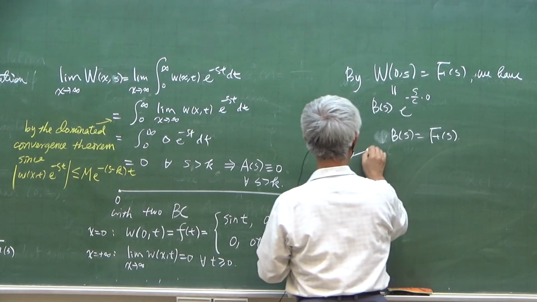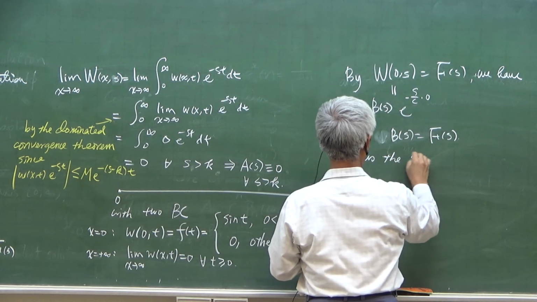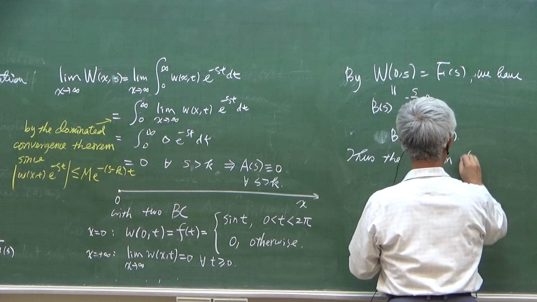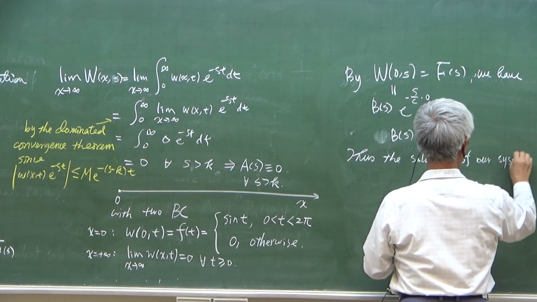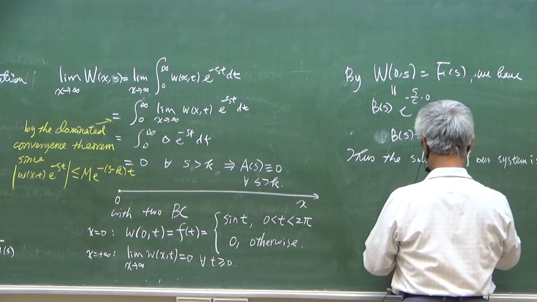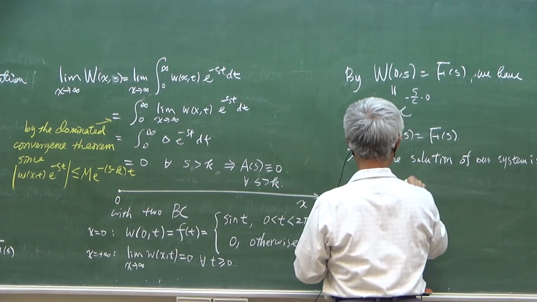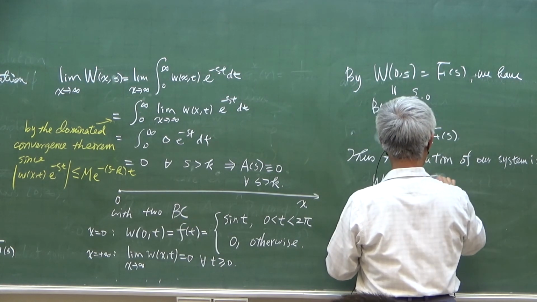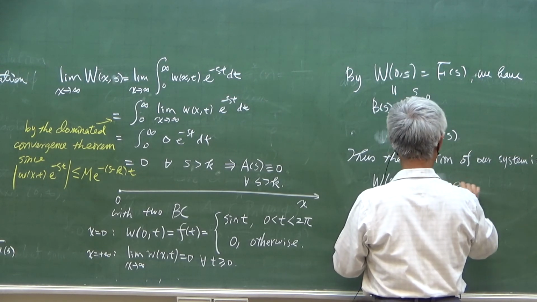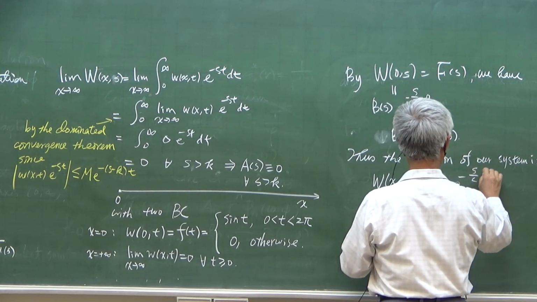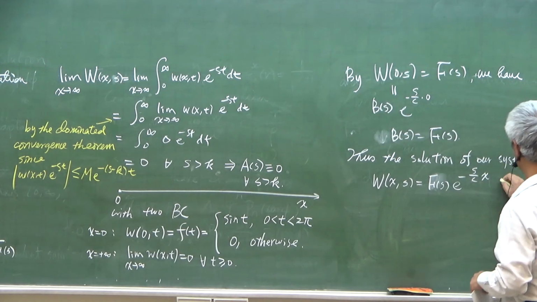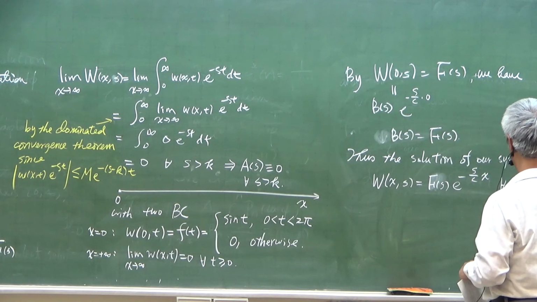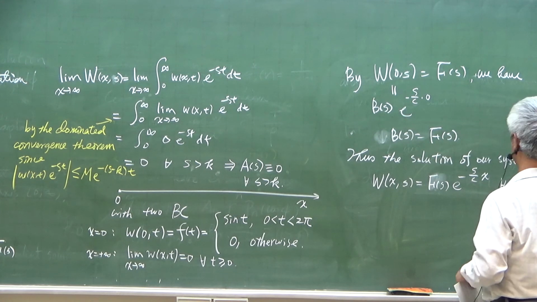So the solution of our system is W(x,s) = B = F(s) e^(-sx/c) for all x greater than k.